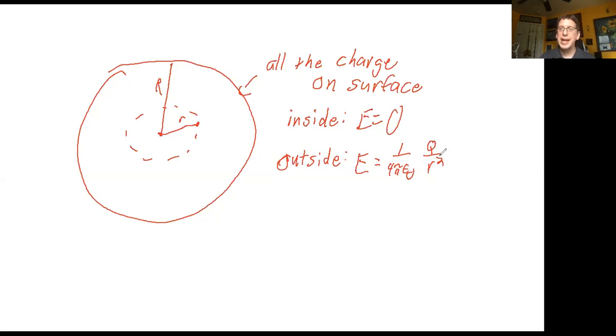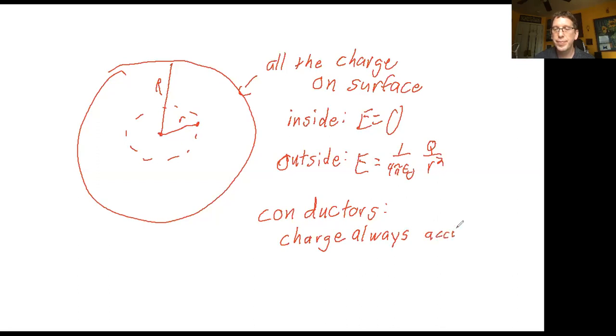That has an important application when you're talking about conductors. The charge always accumulates on the surface. So if there's an extra charge on a conductor, it accumulates on the surface, and it will distribute itself so that E is equal to 0 inside.